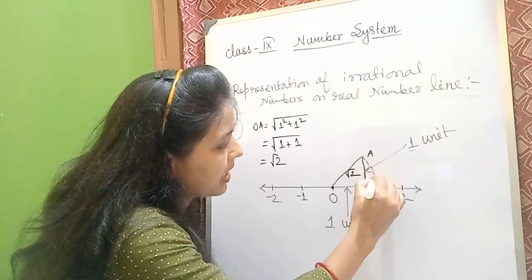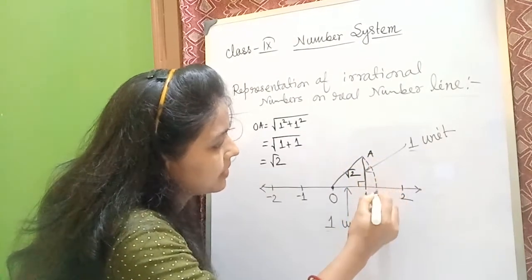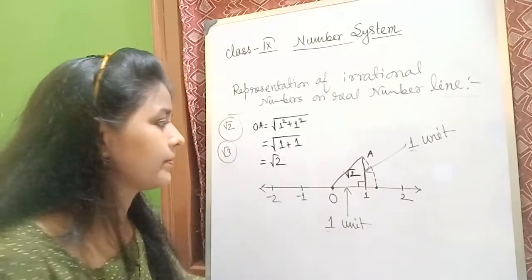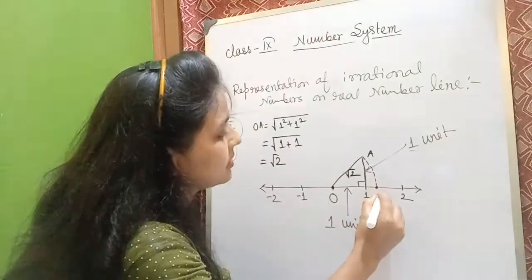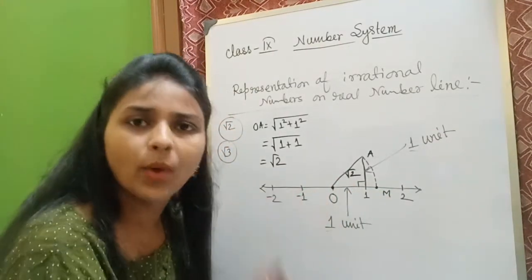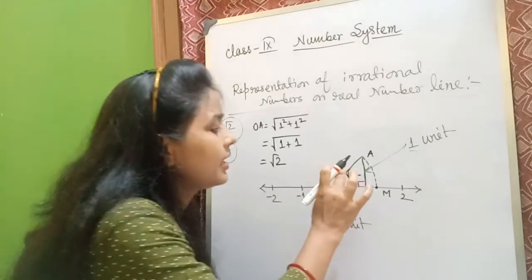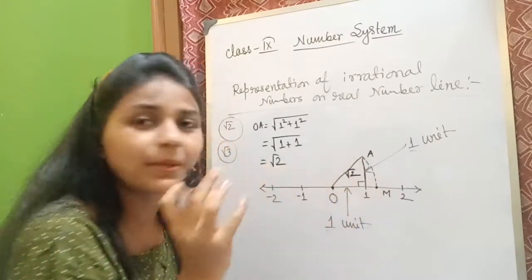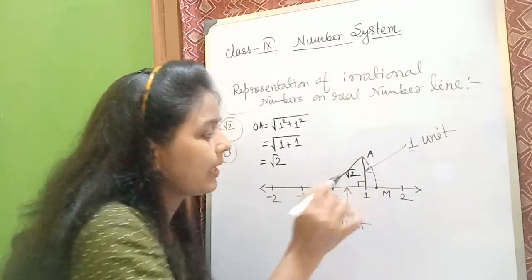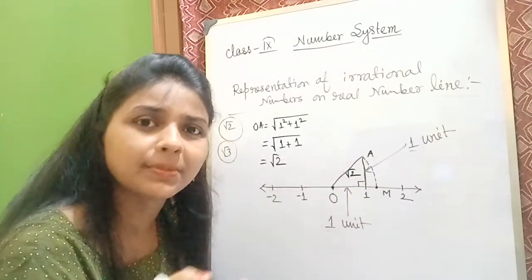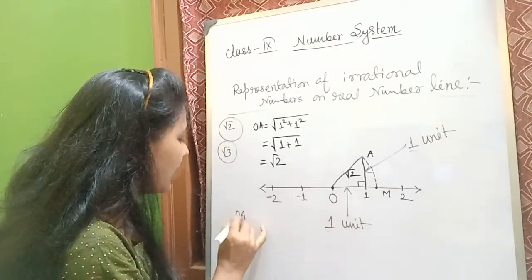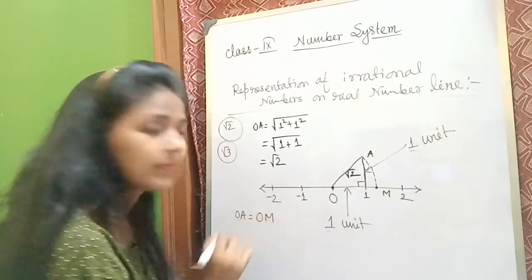You are drawing the arc up to this real number line. Then suppose this is point M. It is quite obvious this is a part of a circle, which means OA and OM are two radii of the same circle. So OA equals OM.